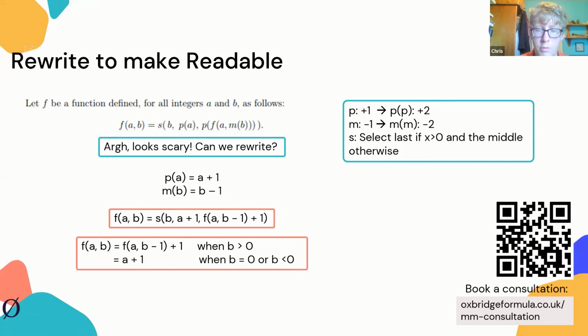And if we just remind ourselves, we said this was going to be a recursive function definition. And if you've ever dealt with recursive functions before, reading it off in this form is going to be a bit easier to work with. And also, if B is 0 or negative, then we have a very simple answer. It's just A plus 1. So now let's go on and use that.